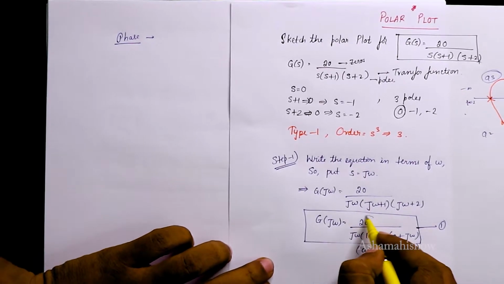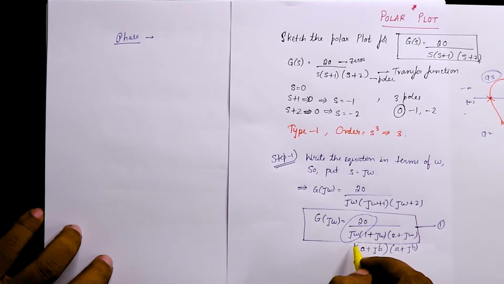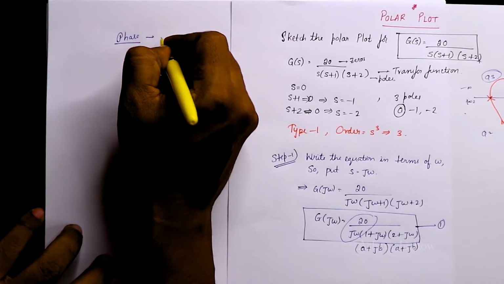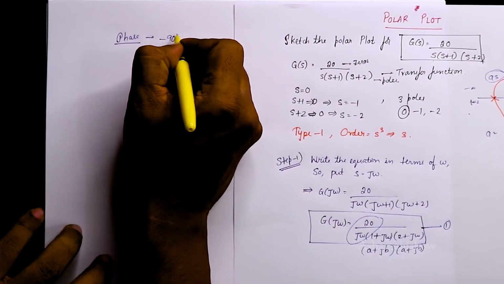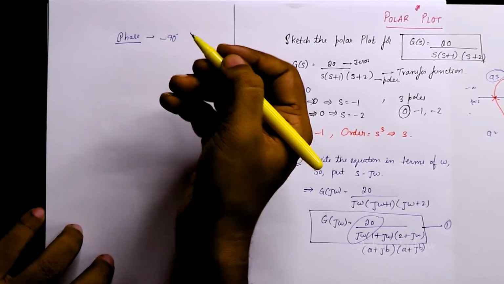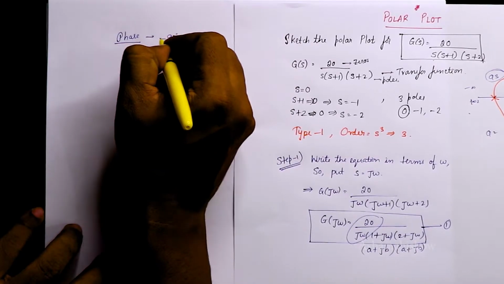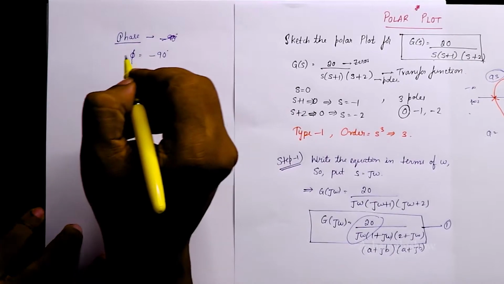We can take this as one part. So 20 by j omega, so j omega is in the denominator, so s is in the denominator, so we can write minus 90. This first, so for the phase, I'm writing the angle, so we can directly write like this: phase is equal to minus 90.